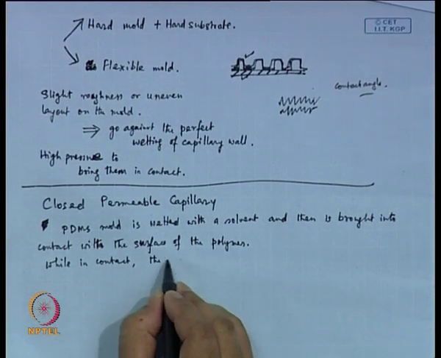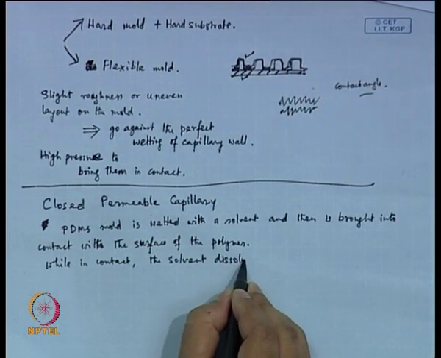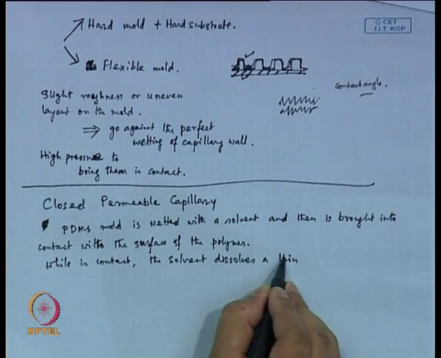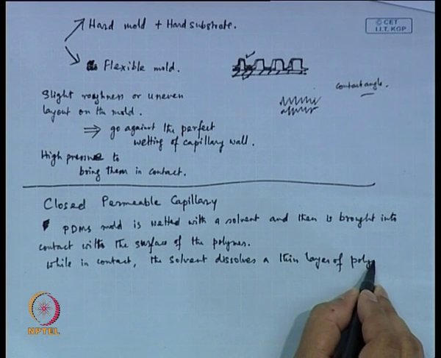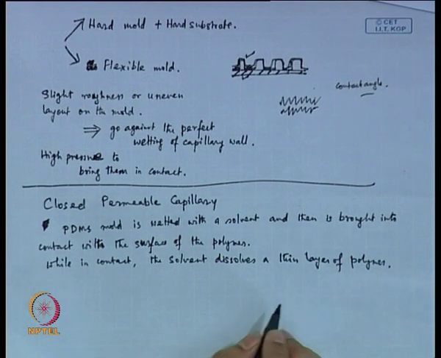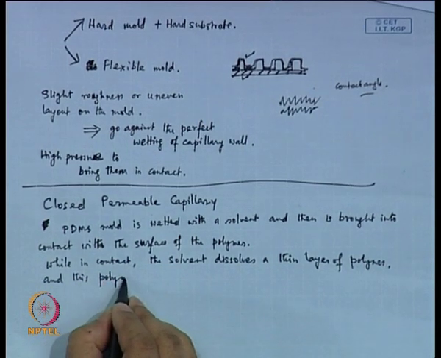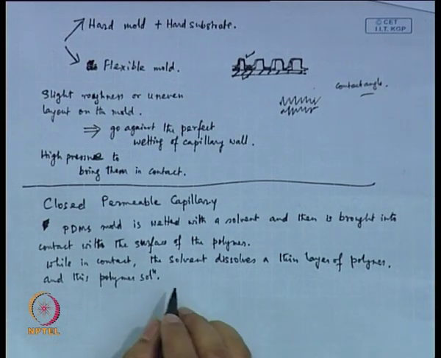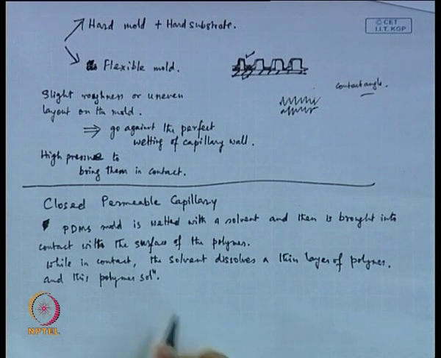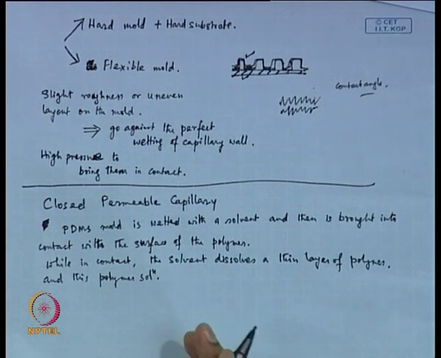the solvent dissolves a thin layer of polymer, and this polymer solution conforms to the surface topology of the mold by capillarity.